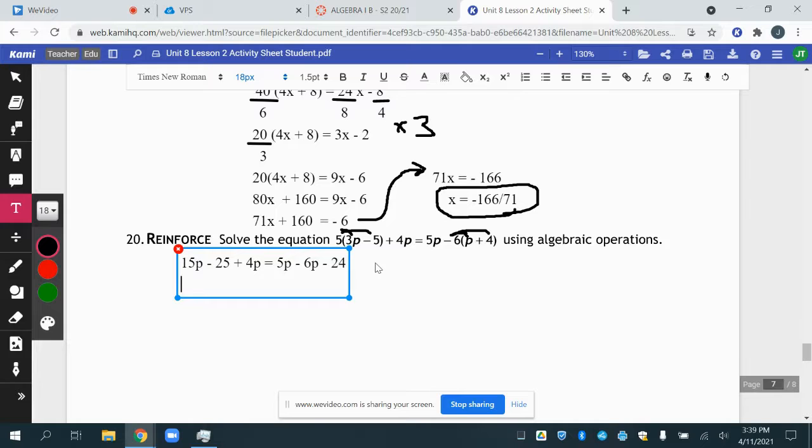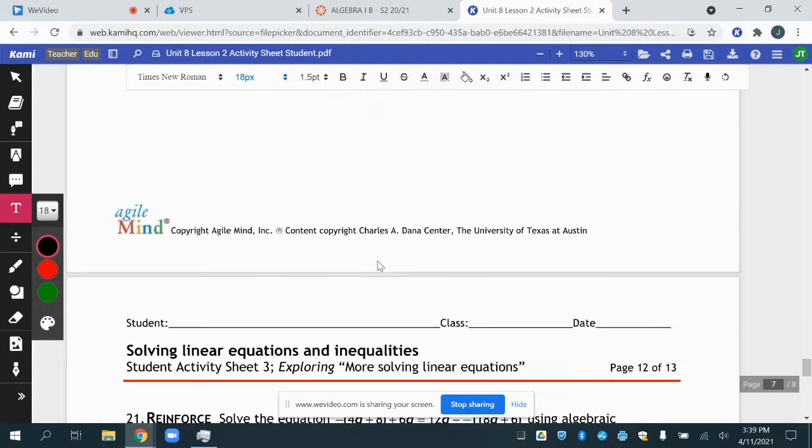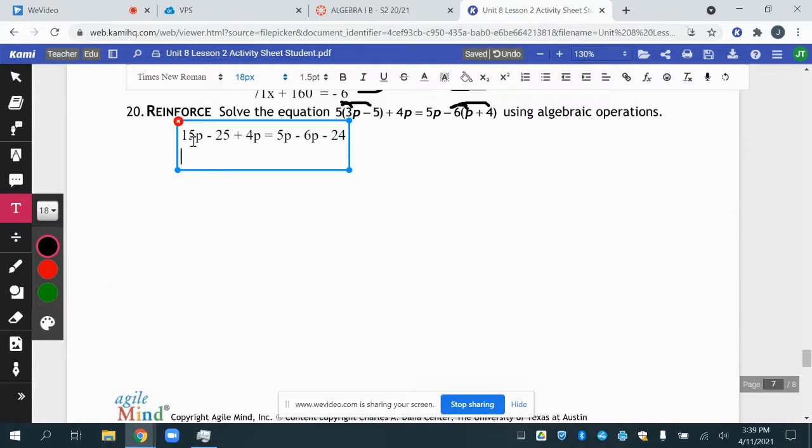And then we end up with, let's see, I have 15 p's and 4 more p's here. 15 plus 4 is 19 p's on the left side. And over here, we have 5 p's minus 6 p's. That's going to end up with negative 1 p.